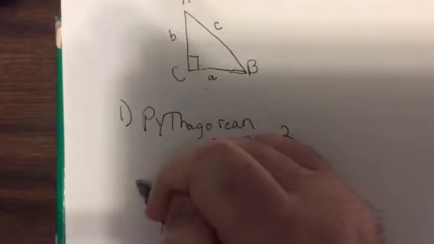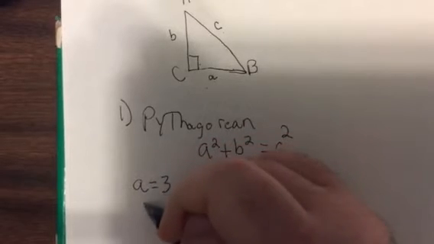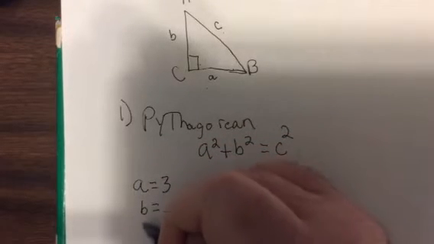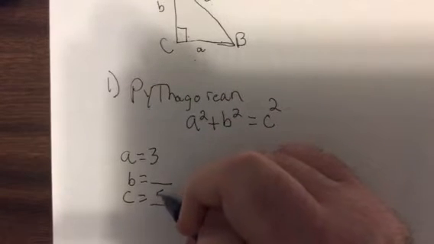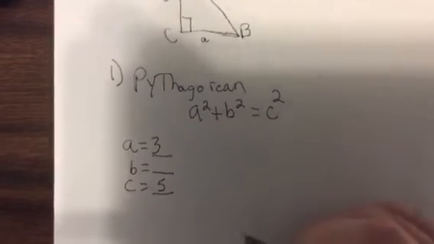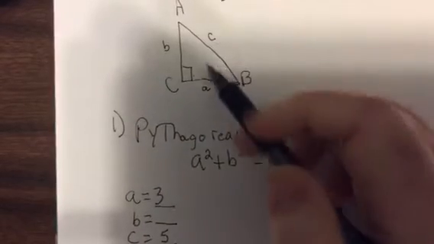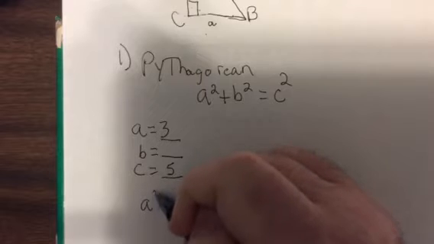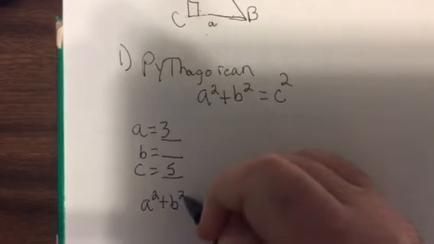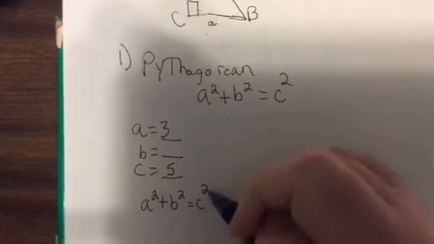So if I tell you A is 3, I don't know B, and C is 5, you'd say, oh, it's a right triangle. Pythagoras says A squared plus B squared equals C squared.